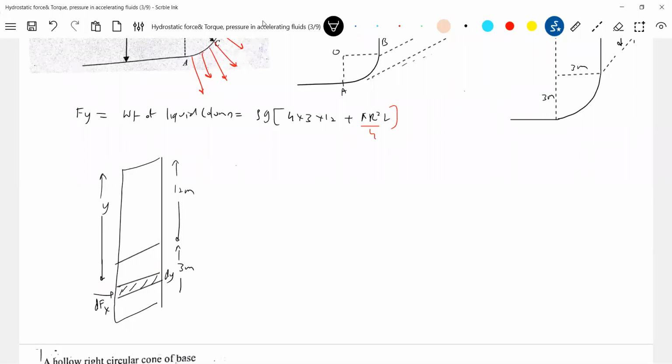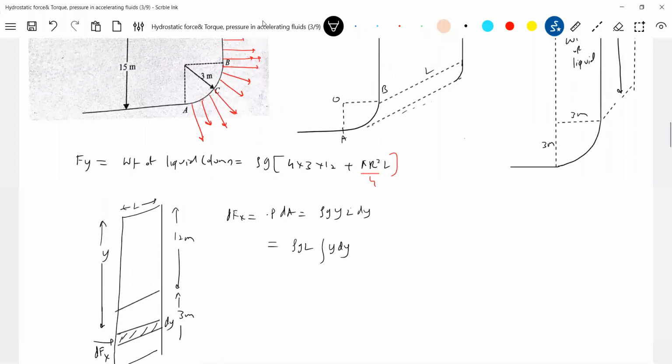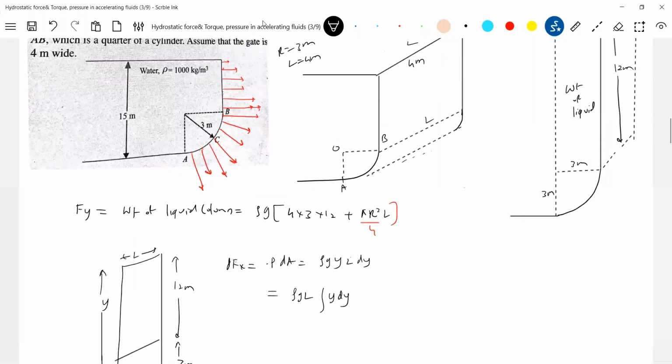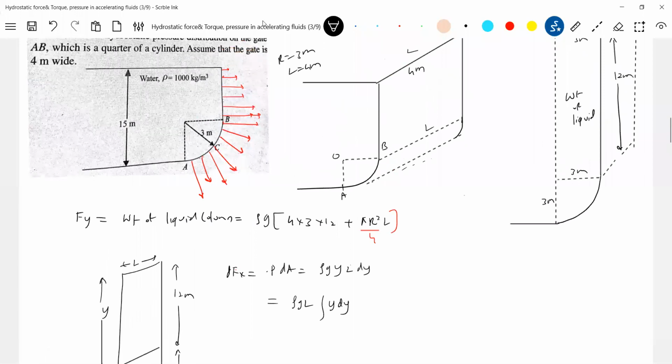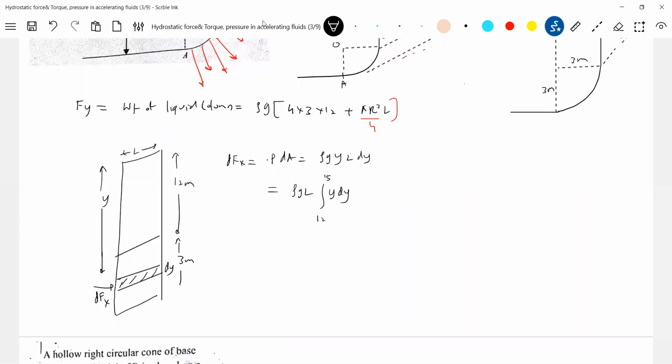So there's a horizontal force. dFx is equal to pressure into dA. What is the pressure at a depth y? Rho g y, into the area, which is L into dy. So rho g L y dy. For the cylindrical gate, integrate from 12 to 15 meter. Density rho and L we know. Substituting that, we'll get the required horizontal force.